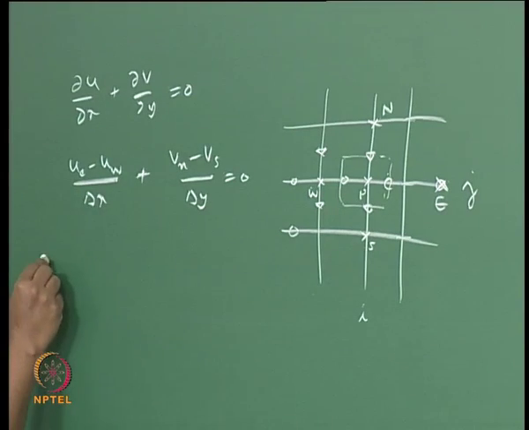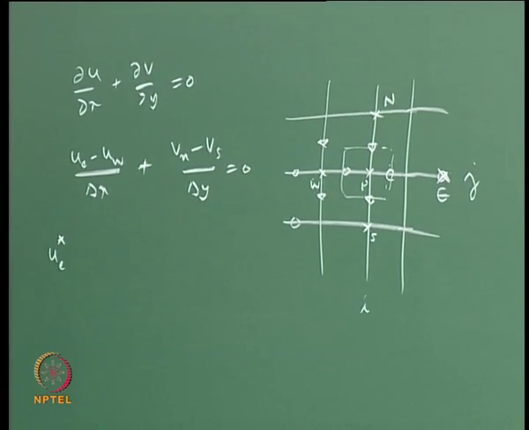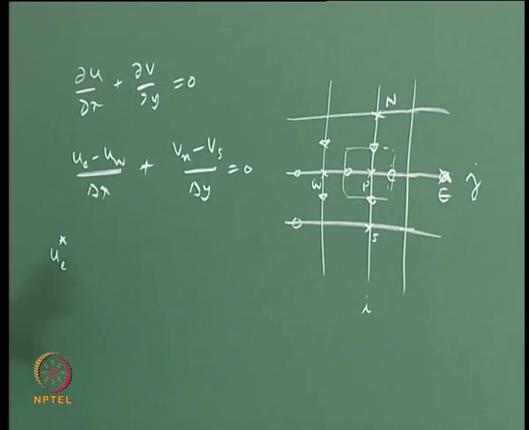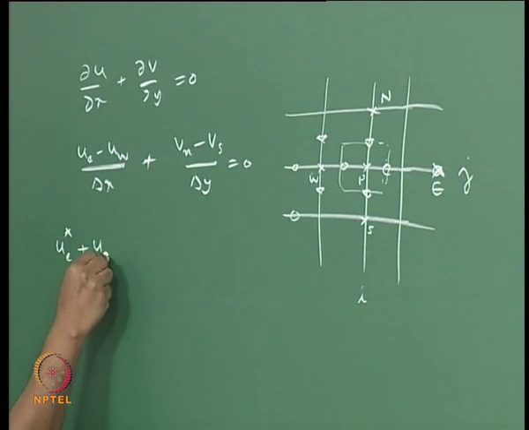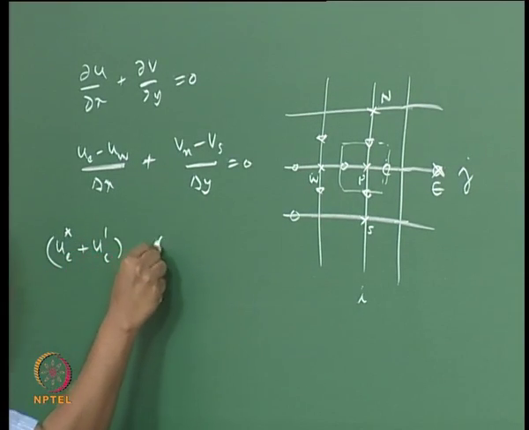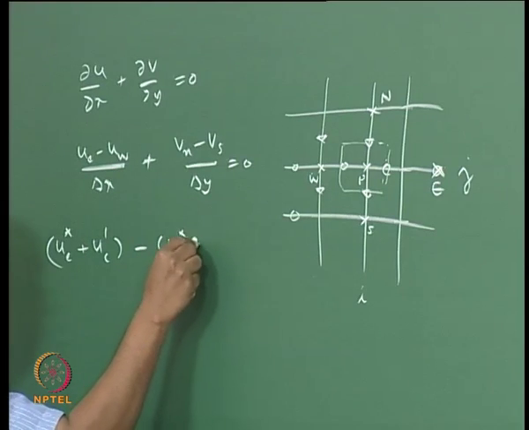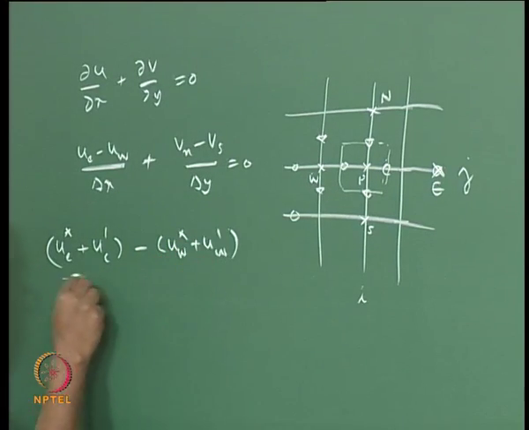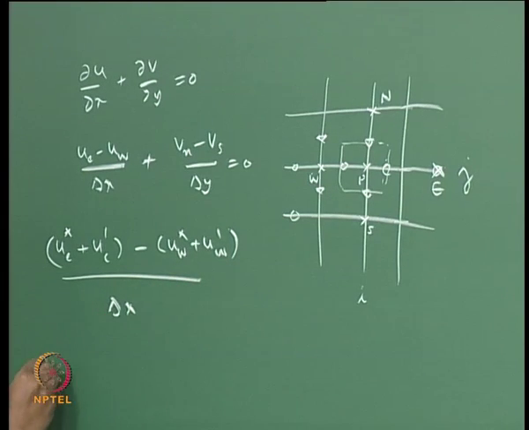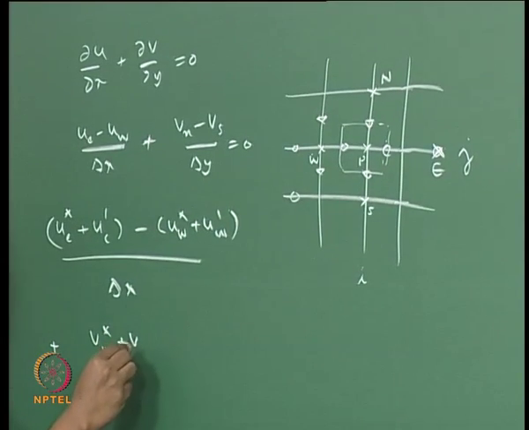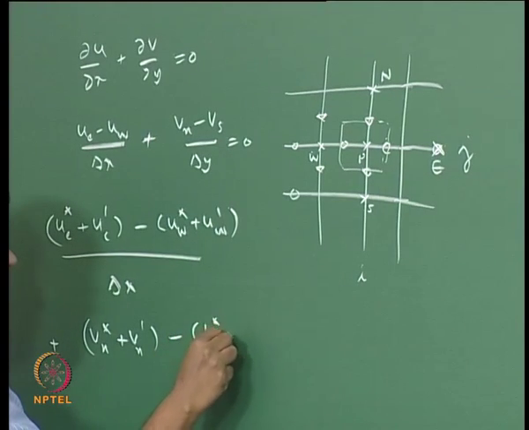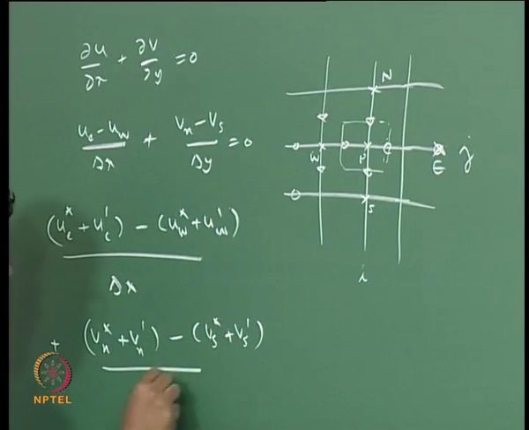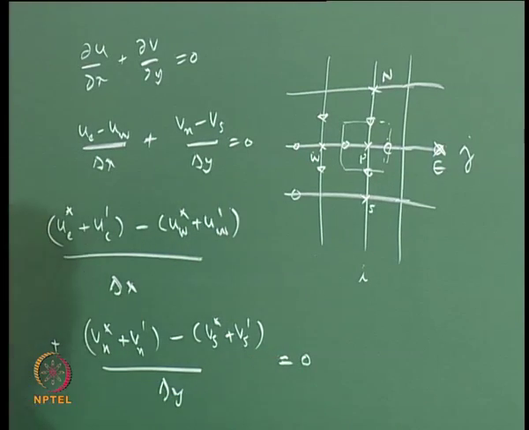For example, we write this as UE star, where star indicates the velocity obtained with a guessed pressure field, which is P star, plus UE prime, minus UW star plus UW prime, divided by delta x, plus Vn star plus Vn prime minus Vs star plus Vs prime, divided by delta y, equal to 0.